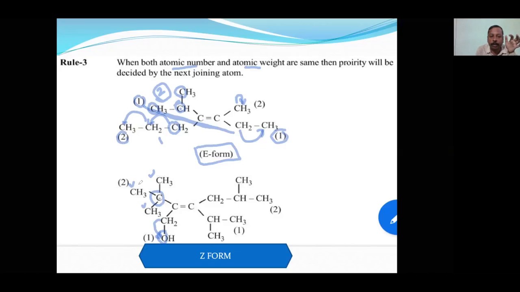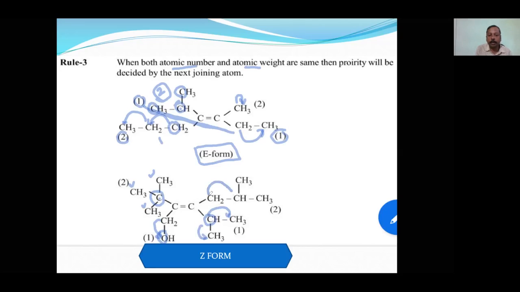So here this carbon is attached to 3 further carbon atoms, and this carbon is attached to oxygen, atomic number 8. So this is of the higher priority. Now you check here. This carbon is directly attached to how many carbon atoms? 2 carbon atoms.